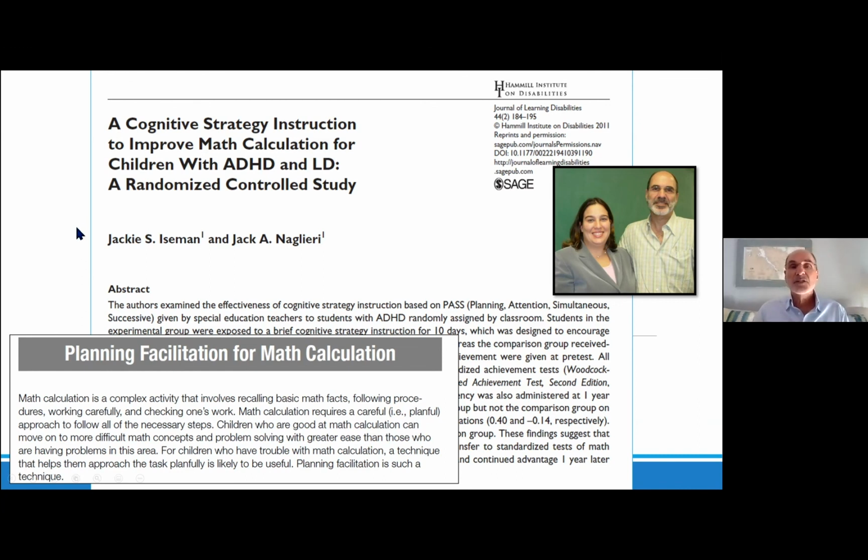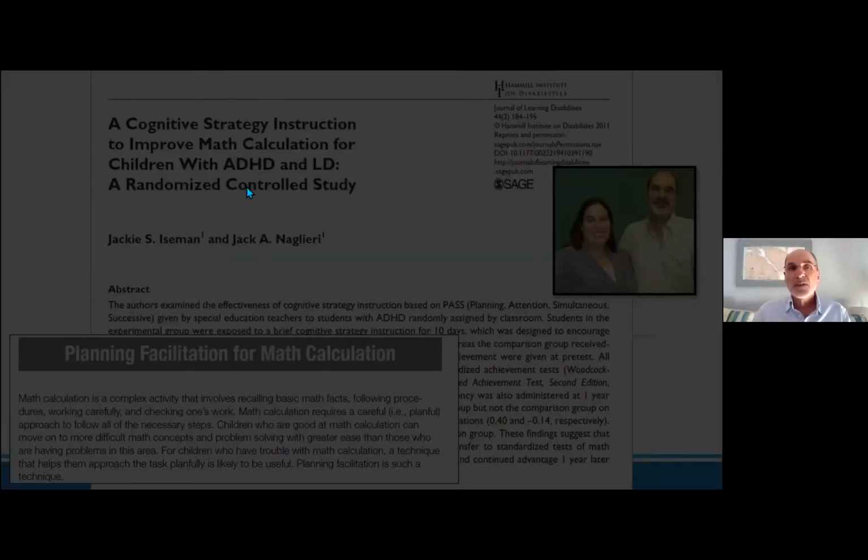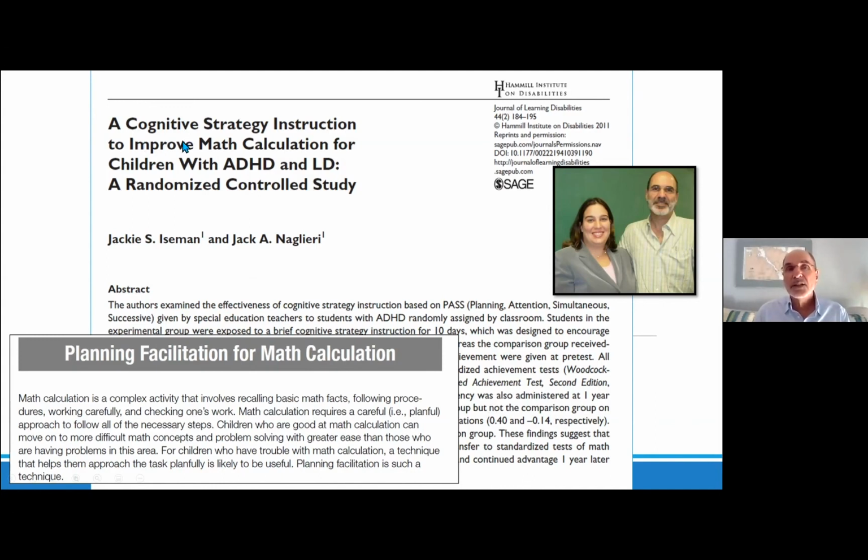Now, this particular study of Jackie Eisman's was, I want you to look at the title, Cognitive Strategy Instruction to Improve Math Calculation for Children with ADHD and LD. All these students had both problems. And look, it's a randomized control study published in the Journal of Learning Disabilities. You don't get in the Journal of Learning Disabilities unless you do things well. And Jackie did, this was her dissertation.